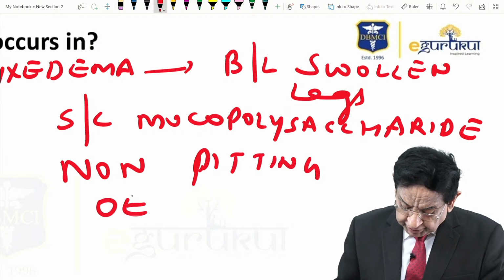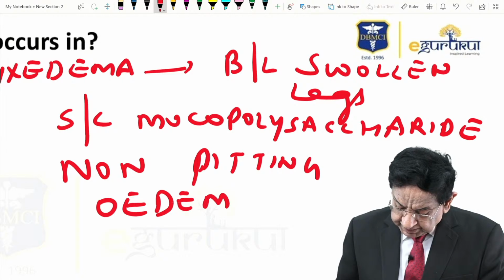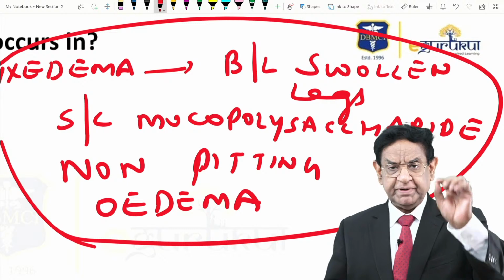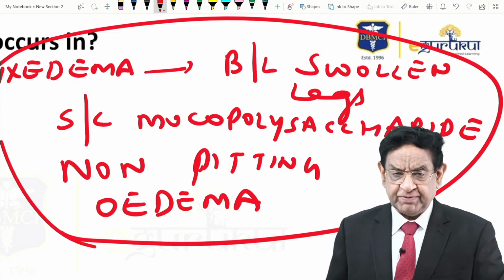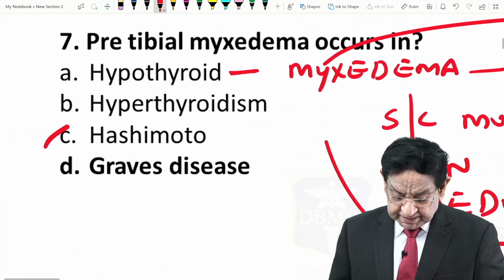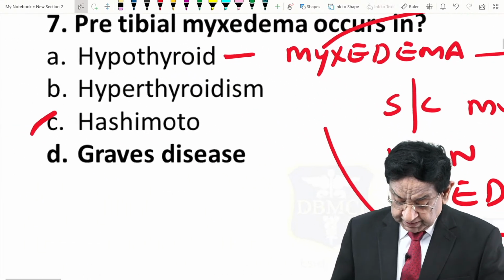Legs are swollen, but you don't get pitting edema. These are the gold medal questions: non-pitting edema, mucopolysaccharide from biochemistry. Okay, this is myxedema that we get in hypothyroid.